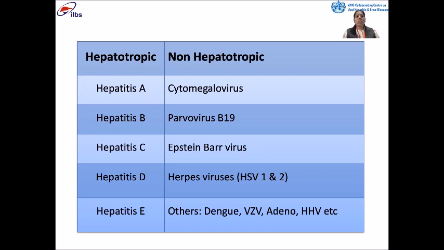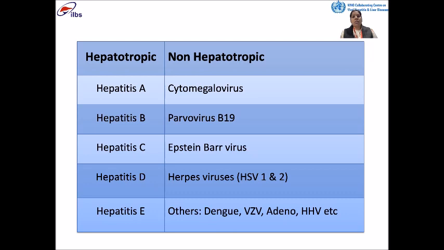If you talk about the hepatotropic viruses A, B, C, D, and E, the most common are hepatitis A and E, which are transmitted by the fecal oral route. Whereas the other 3, B, C, and D, are transmitted by parenteral administration of drugs, sexually, or by perinatal routes.